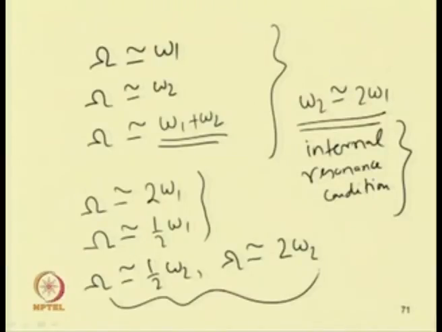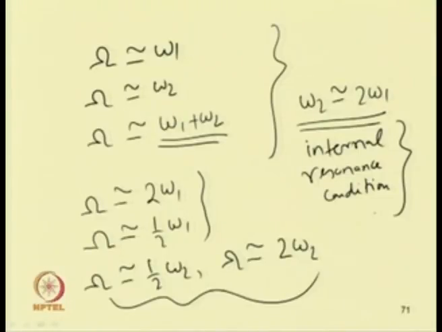We have observed that, unlike the linear system where we have only 2 frequencies in case of a 2 degree of freedom system, here in case of the nonlinear system we can have several resonance conditions. Some of them may be primary, others secondary.